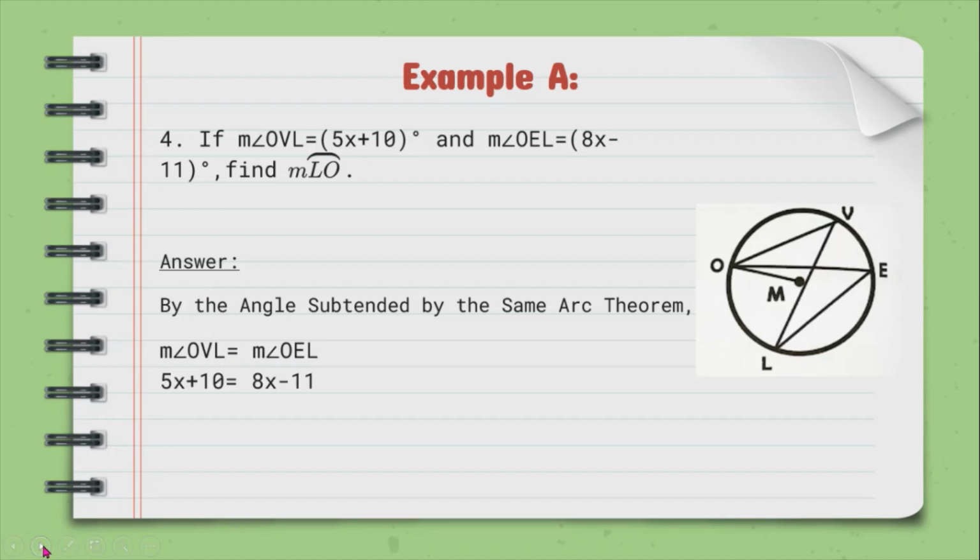So that is 5x plus 10 is equal to 8x minus 11. So that's 3x is equal to 21, and the value of our x here is 7.